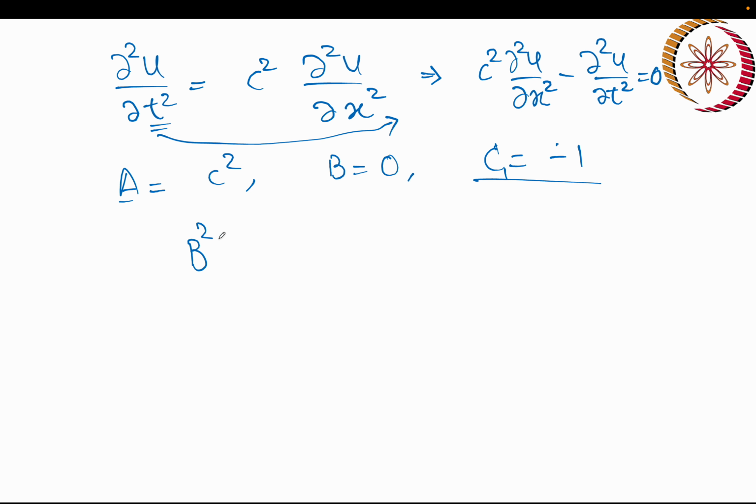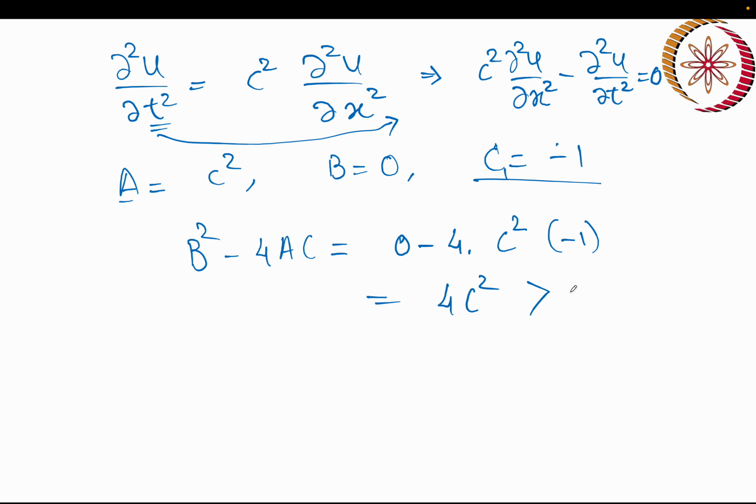So if we write b square minus 4ac, b square is 0, and 4 into a, which is c square, into capital C, which is minus 1, gives minus 4c square, so b square minus 4ac is 4c square.